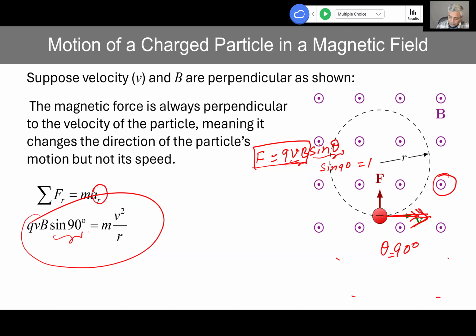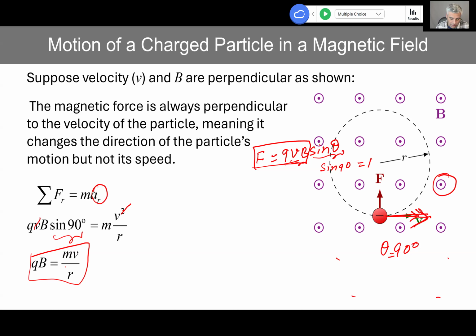One v can be cancelled because there is v and there is v squared, which gives us just that. So you can rearrange this for r, m, or q, whatever you are asked to find. That's how you use Newton's second law for a charge moving in a magnetic field.